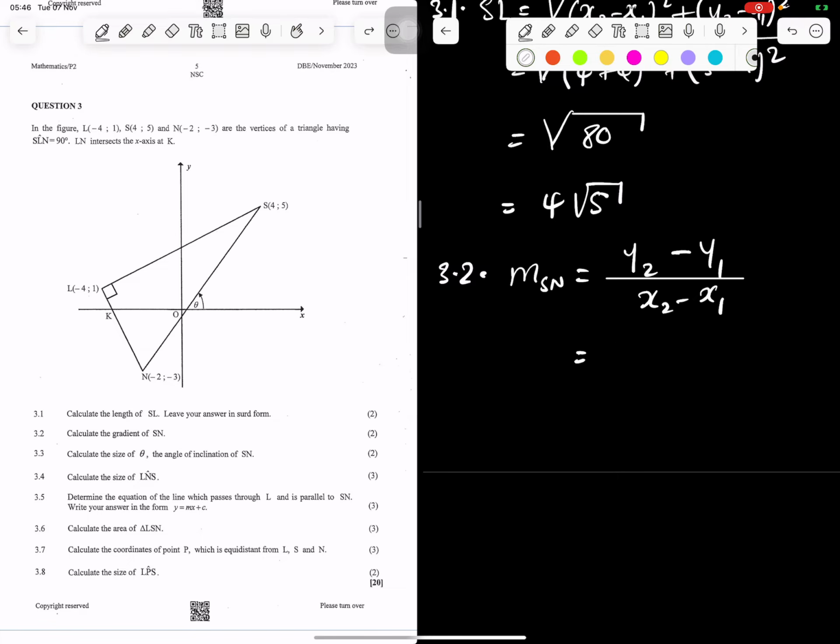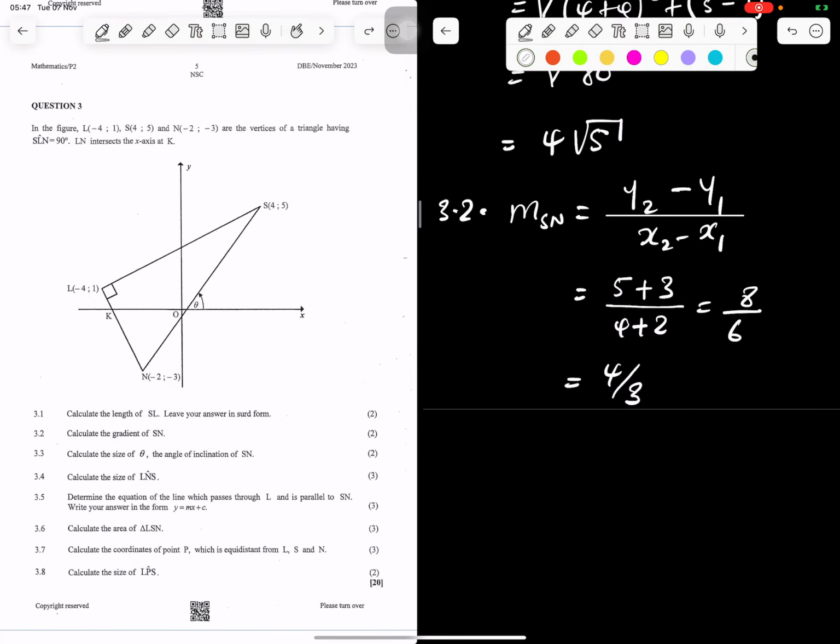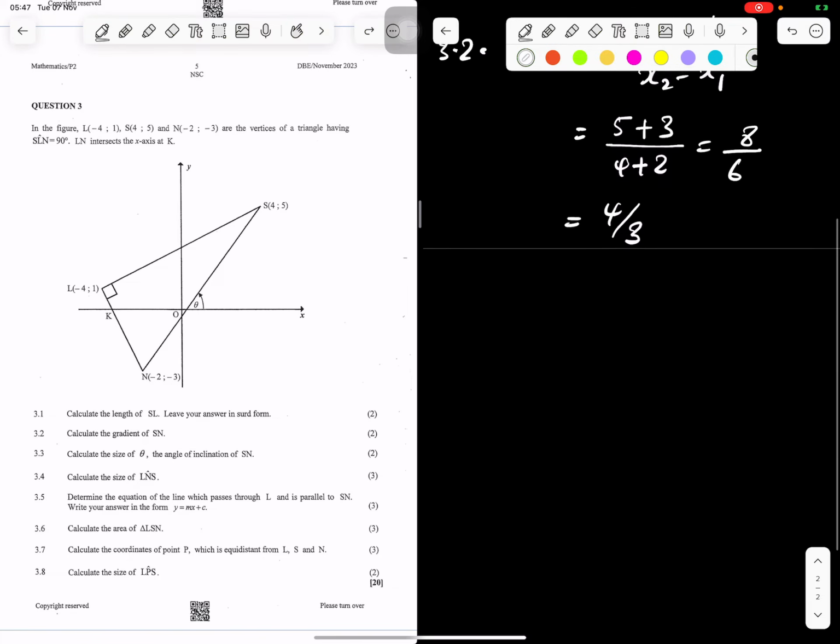So in this case, it's going to be 5 minus 3, which is plus 3 over 4 minus 2, so it's plus 2, which is going to give me 8 over 6. And as a result, I'm going to get 4 over 3, because 2 goes into both the numerator and the denominator.